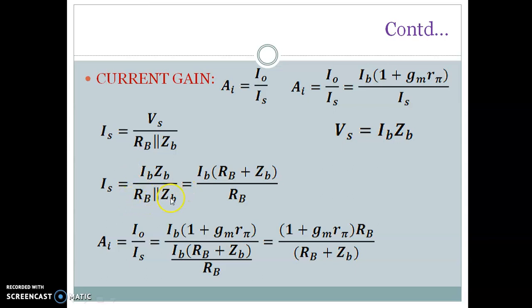Now expanding RB parallel ZB and cancelling out your ZB term, you get IS is IB times RB plus ZB divided by RB. So we have established the relation of IS in terms of IB. So substitute it in the AI equation. We get IB, IB will get cancelled. You get 1 plus gm r pi times RB divided by RB plus ZB. So that is the current gain.